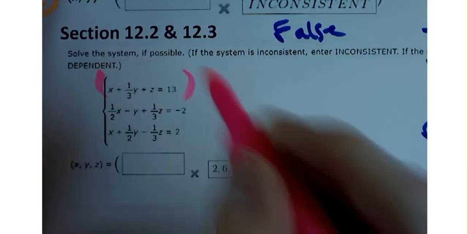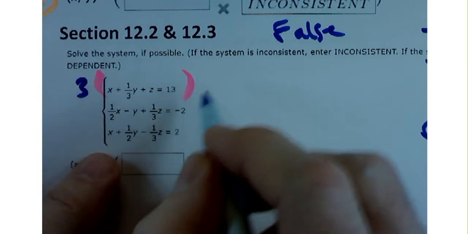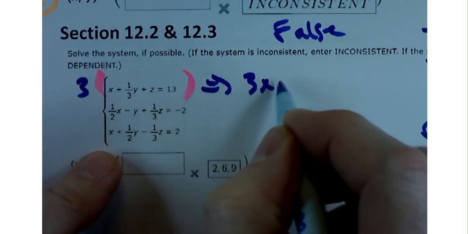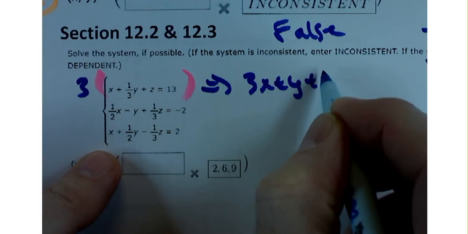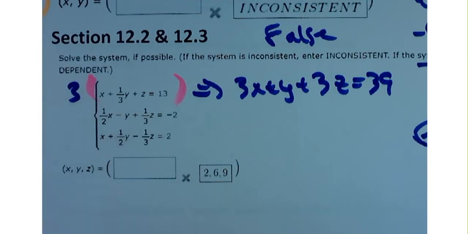It might be a good idea just to get rid of them. So I could multiply, for instance, this top equation by 3 and get 3x plus y plus 3z equals 39. And that's a little friendlier to work with. I don't have those fractions. I could do likewise with the next equation.